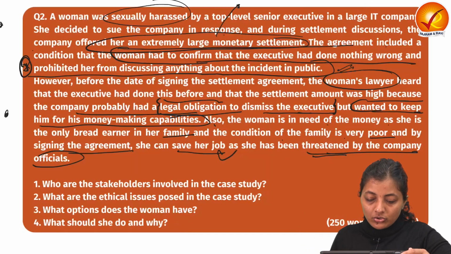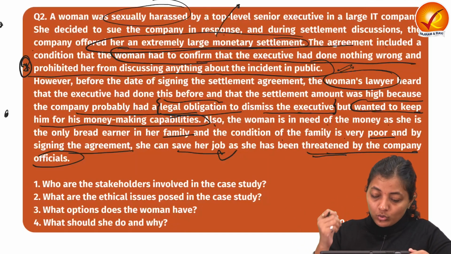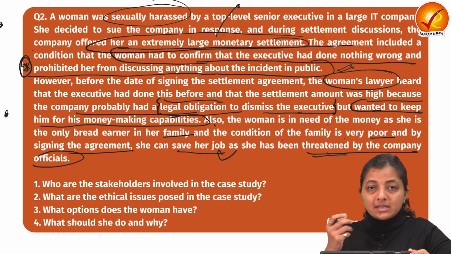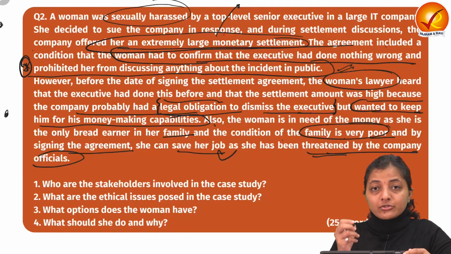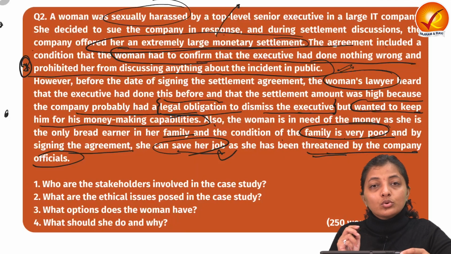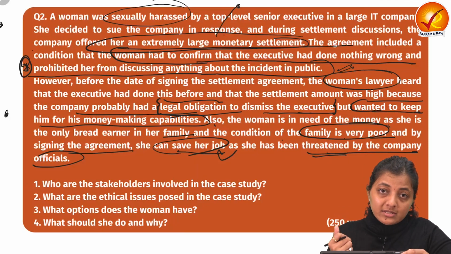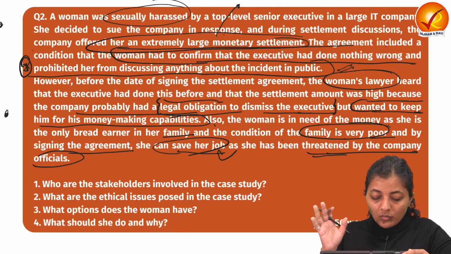So this is the issue, and the woman is the sole breadwinner for her family. The family is very poor, so she has to take care of the family also. If she loses her job, financial consequences would be there, so she is in a dilemma about what to do.